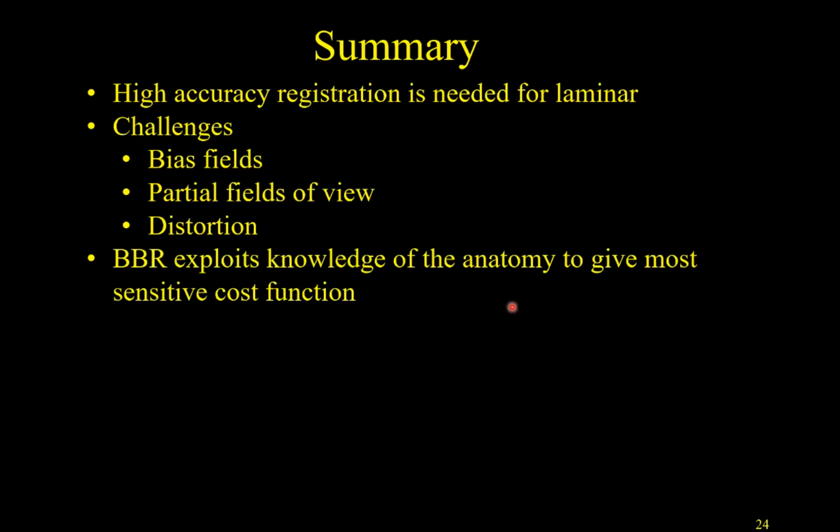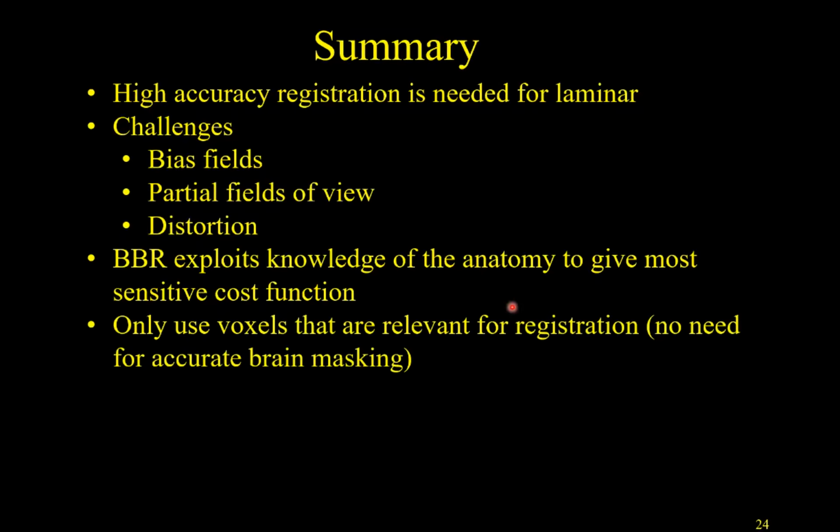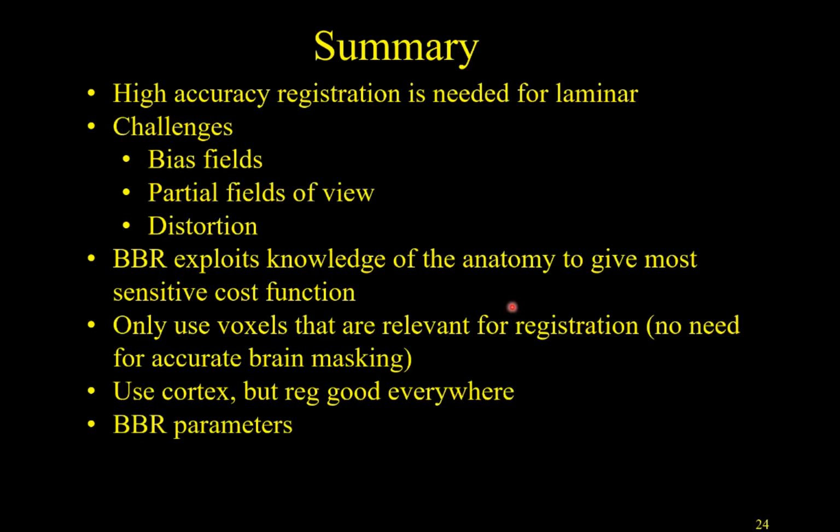BBR exploits this knowledge of the anatomy, in particular where the surface is, to give the most sensitive and robust cost function, and we only use voxels that are relevant for registration. No need for brain masking, no need to sample data in the heart of the white matter. We're only registering cortex, but if it's an affine registration, then that's going to be good everywhere.